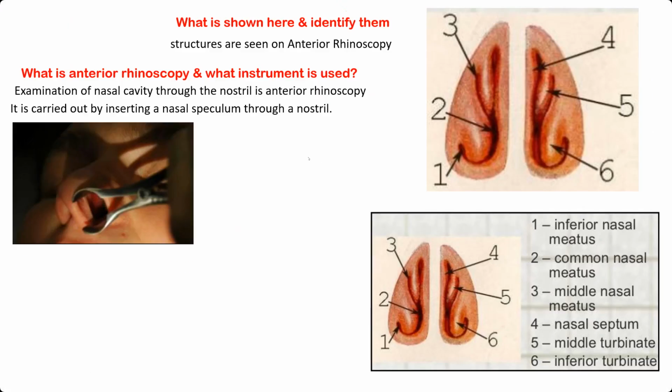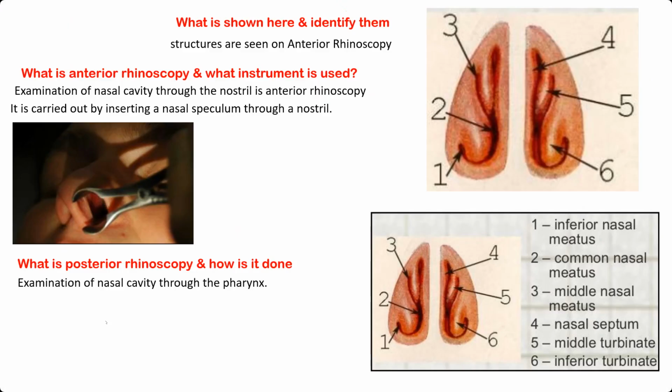Okay, so nasal speculum. But when you want to see the posterior part of the nose, which is called posterior rhinoscopy, which instrument is used? Can you see anything posterior by using this speculum alone? No, sir. Yeah. So which instrument do you have to use?